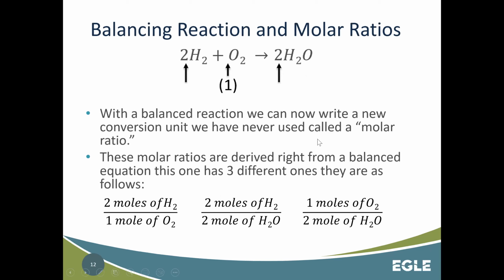They're not written this way, but basically 2 moles of hydrogen equals 1 mole of oxygen with a balanced chemical equation. You can write them as a fraction, and you can flip it if you have to. These can be flipped. 2 moles of hydrogen equals 2 moles of water.